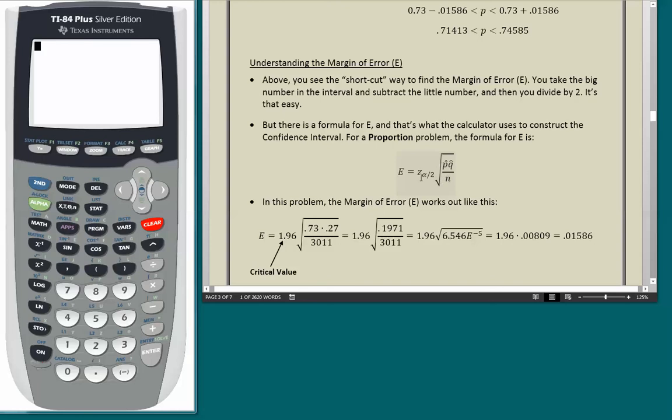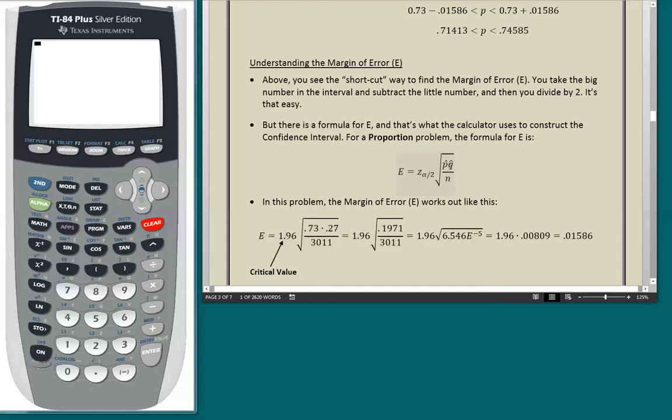So let's go through step by step how we're going to input values for all these things and solve for E the mathematical way, actually using the formula. So Z alpha over 2, the critical value, is 1.96, and there you see I've got it called out as the critical value, times the square root of P hat, which is 0.73.